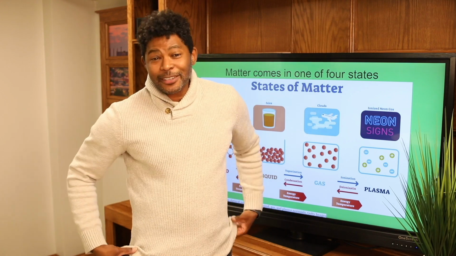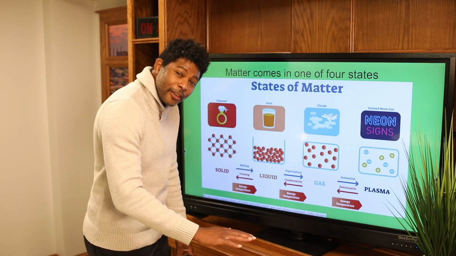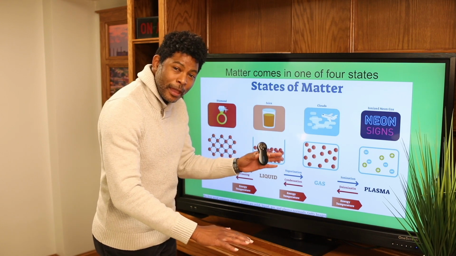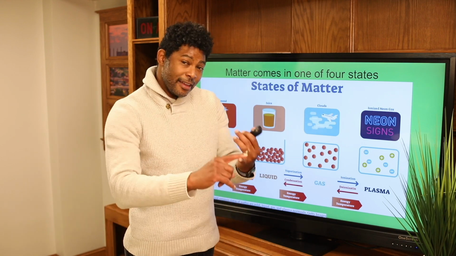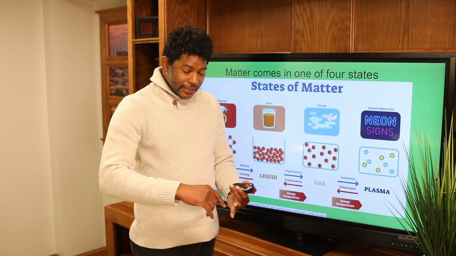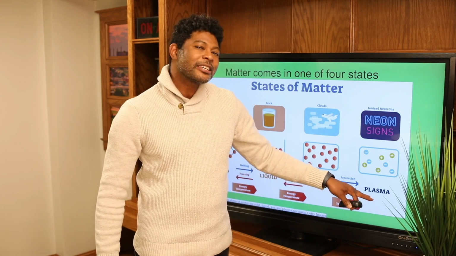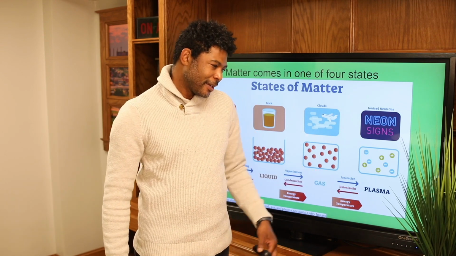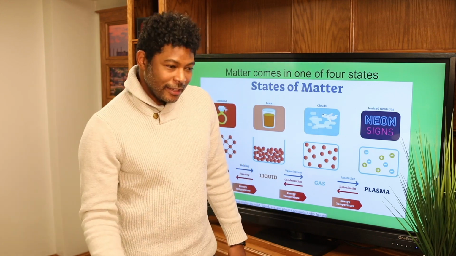Plasma. Yeah. So, like I said, we start you off here at the low level. We tell you there's 3. We know there's 4. Because here's the thing. When you start getting to like neon lights, plasma screen TVs, the sun, now you get to this other state of matter, plasma, that is going to take me longer to explain than for you to understand.